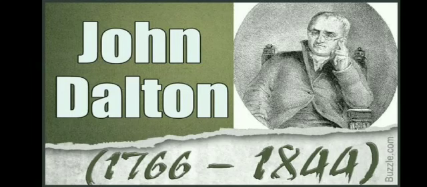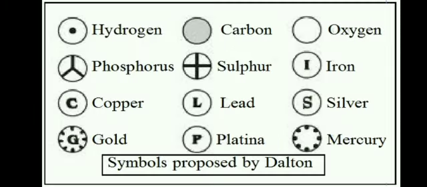He was the first scientist who framed the symbols for some elements. This is how Dalton proposed the symbols for the elements in the initial stage for the very first time: for hydrogen, phosphorus, copper, gold, carbon, sulfur, lead, platinum, oxygen, iron, silver, and mercury.